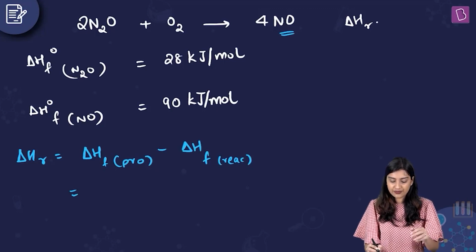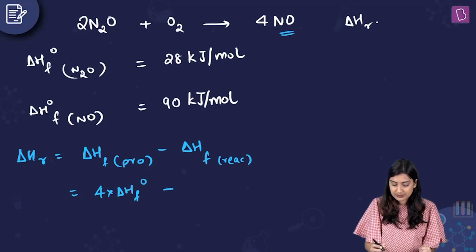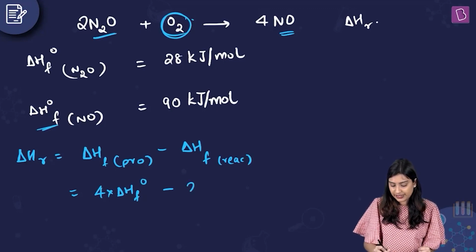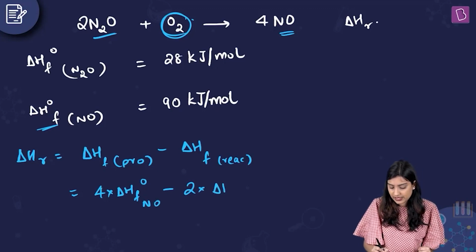You have 4NO, so you write 4 into delta HF naught. Minus, this is 0 for oxygen so I'm going to ignore it, and then you have N2O, but I will write into 2 because you have 2 moles of this. This is delta HF naught for NO, and this is delta HF naught for N2O.